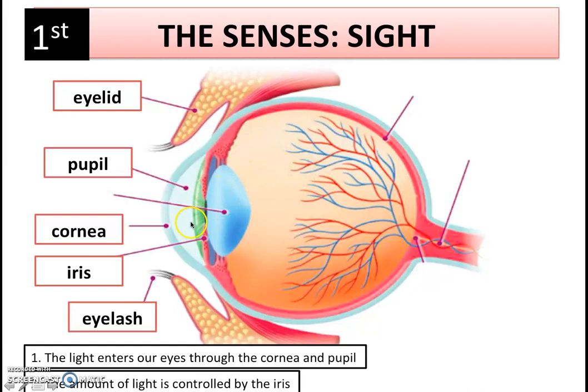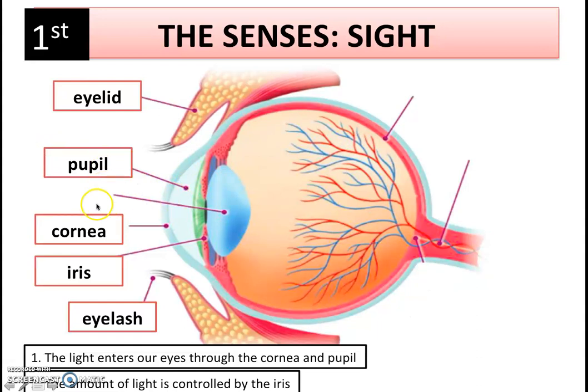If you see, there are people with brown, green, or blue eyes, it's because the color of the iris is different. But the important thing is that the iris is going to control the amount of light that enters into the eye, okay? These muscles are going to move according to the amount of light that there is outside.